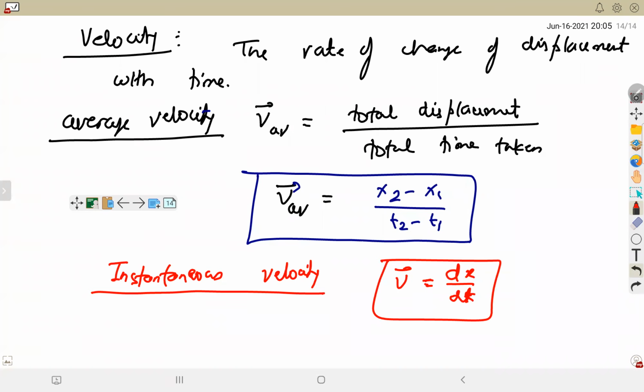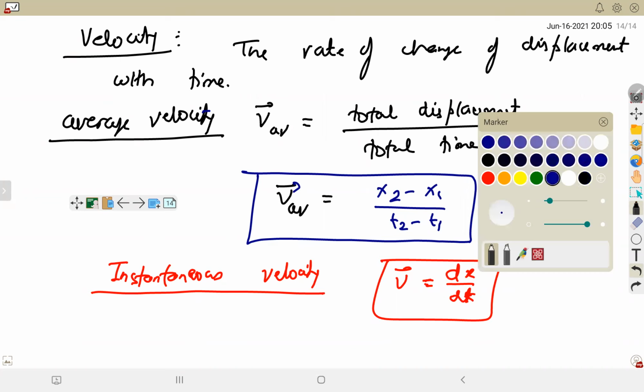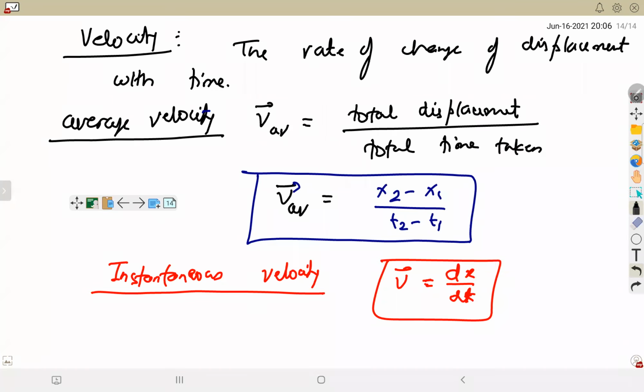So if we differentiate x with respect to t, we get instantaneous velocity. Exactly similar to what we did for distance, but for distance we have to take the total path length. In the case of velocity, we just take the final position minus initial position.